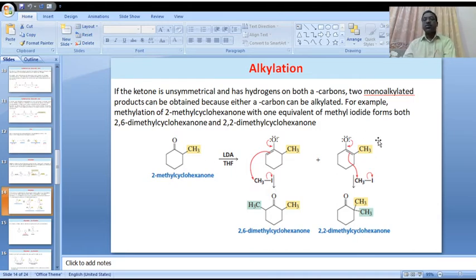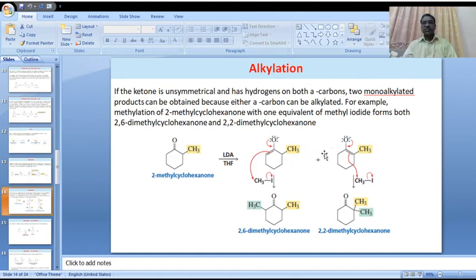Two monoalkylated products can be obtained because either alpha carbon can be alkylated. Is it clear? Two types of monoalkylated compounds are obtained in the same manner in this reaction.